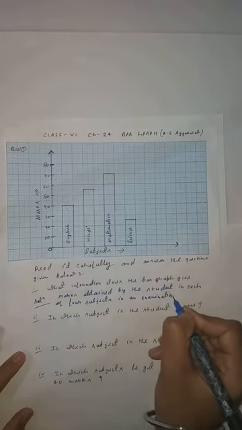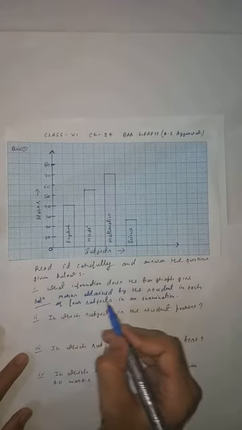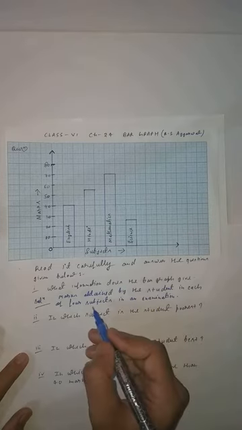Clear student? So what information are you getting from the bar graph? Clearly you can see here marks, here subject. So marks obtained by the students in each of 4 subjects.